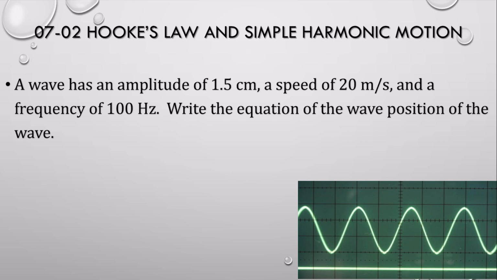A wave has an amplitude of 1.5 centimeters, a speed of 20 meters per second, and a frequency of 100 hertz. Write the equation of the position of the wave. All right, so if I go to that last one, it was y equals A cosine of 2 pi t over the period. A is the amplitude, so that would be 0.015 meters if we change it to meters.